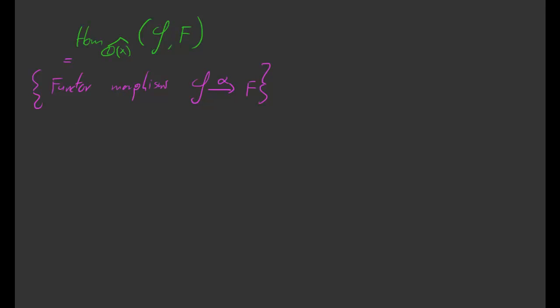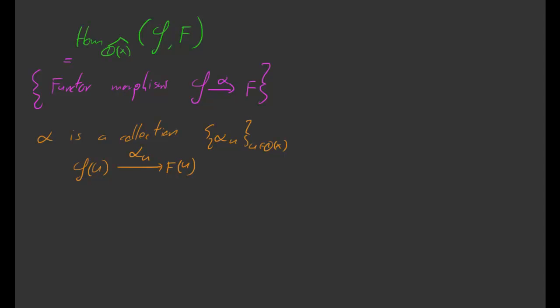And remember, a functor morphism alpha is a collection. I'm probably going into too much detail here, but alpha is really a collection, say alpha of U, for every U inside of O of X, of maps from S of U into F of U. This is what alpha U is.